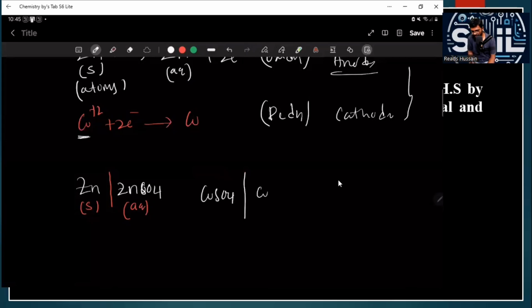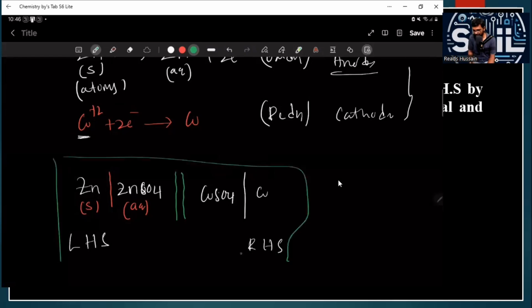Cathode is written on the right hand side, so this representation is just opposite to the anode one. Here the zinc rod is dipped in zinc sulfate solution and the copper rod is dipped in copper sulfate solution. This is how we have to represent. And between these two representations, two parallel vertical lines should be mentioned. This is the complete representation of the galvanic cell.